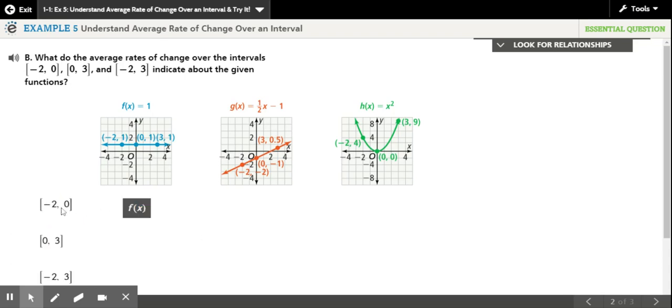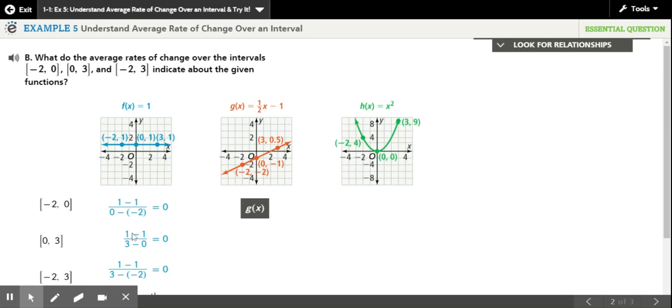So for that first interval, from -2 to 0, the slope is 0 because it's a horizontal line. From 0 to 3, so from here to here, the change is 0. All right, the slope is 0.